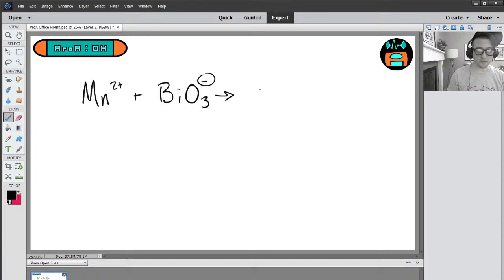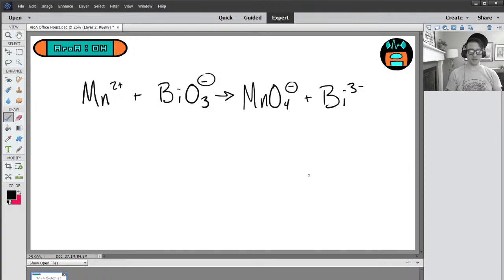And this becomes permanganate and bismuth 3+.